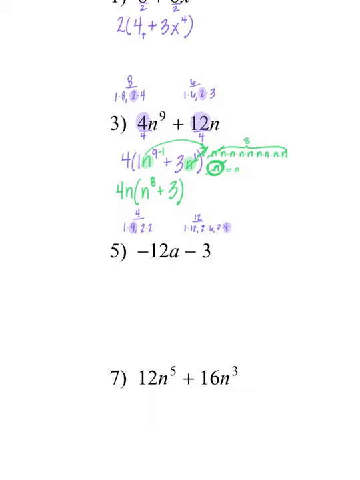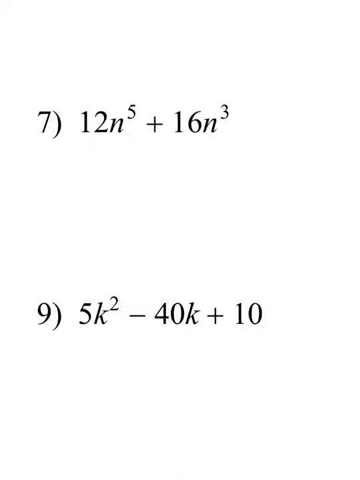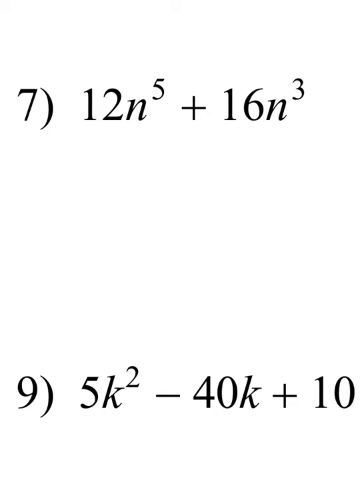So let's look at another one that has some letters. Let's look at number 7. Again, I'm only going to work with the numbers to start. The numbers in front of my variable. Okay, so now my factors of 12: 1 and 12, 2 and 6, 3 and 4.